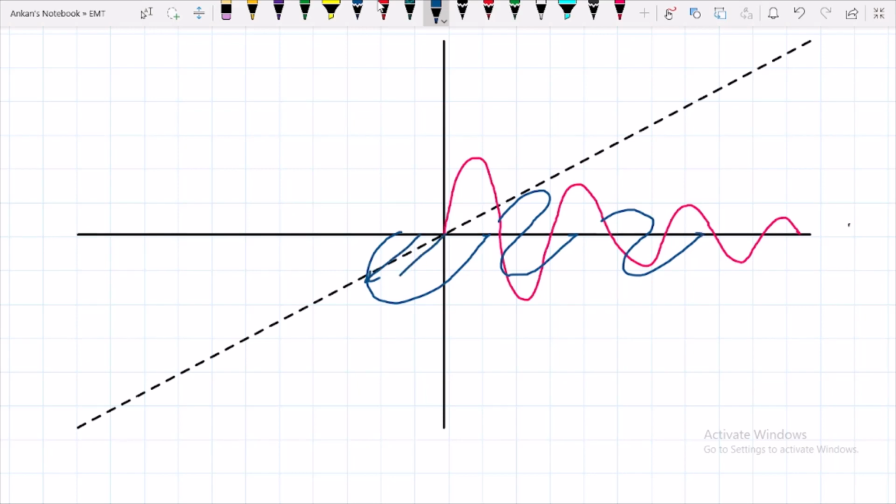Simply I want to demonstrate that the electric field and magnetic field are not at all in phase, that I have obtained mathematically. There exists some relative phase difference between the electric field as well as the magnetic field. So this is the magnetic field and the electric field is this.